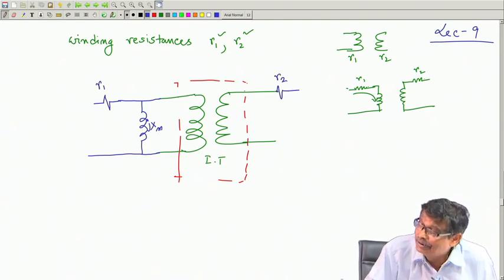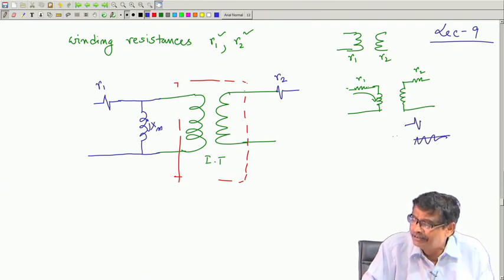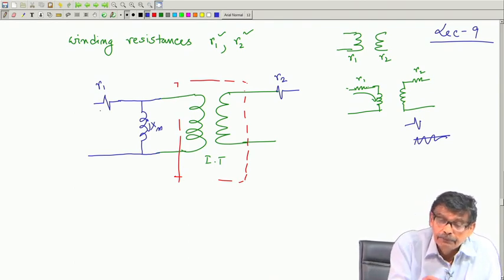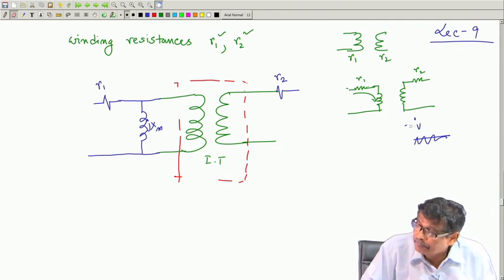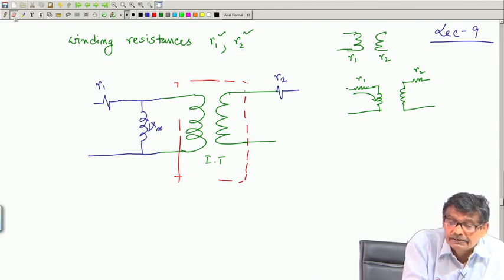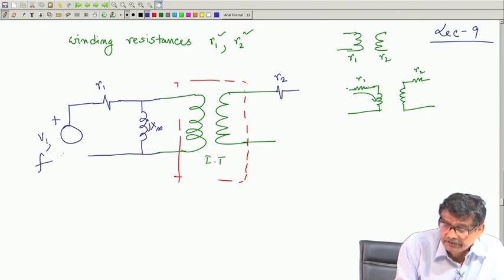I have shown only one way, I am showing not like this resistance, because these resistances are small, it only indicates that okay, small resistance in series. Therefore, you know this is the thing, and here is your supply voltage, frequency f.